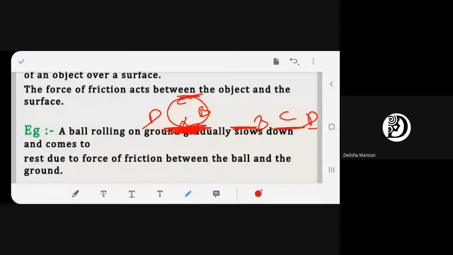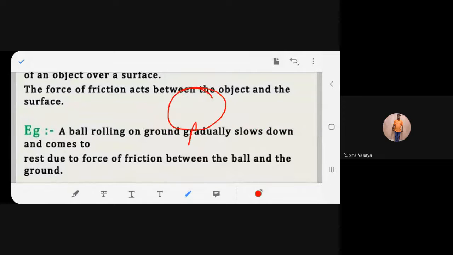Now, if I ask you one question, this is A, this is B, this is C, this is D. Are all the sides of the ball in contact with the ground?